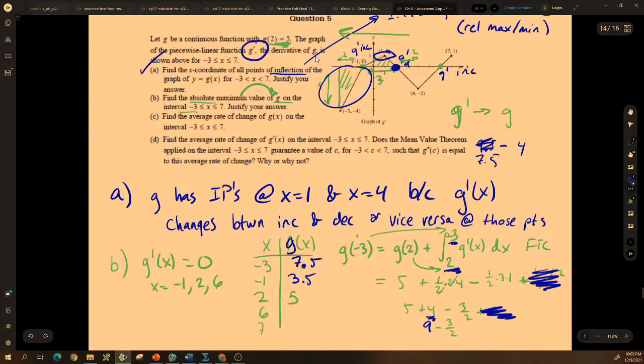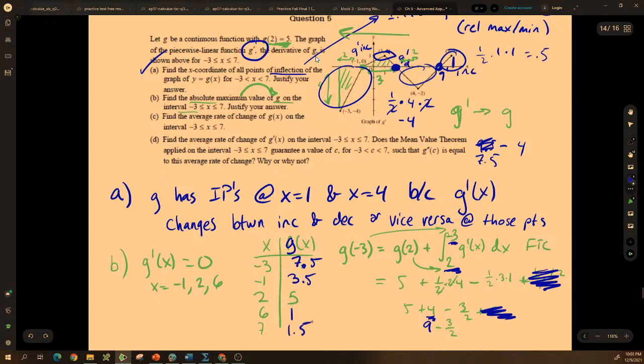So then I know at 2, we're at 5. So at 6, to go from 2 to 6, we're going to get some negative area. That triangle is 1/2 times the width is 4, and the height is 2. So it's a negative 4 because it's below the axis. So I'm going to take 5, subtract 4, I get 1. And at 7, I'm going to add on this little triangle, 1/2 times 1 times 1, which is 0.5. We're going to add that to 1.